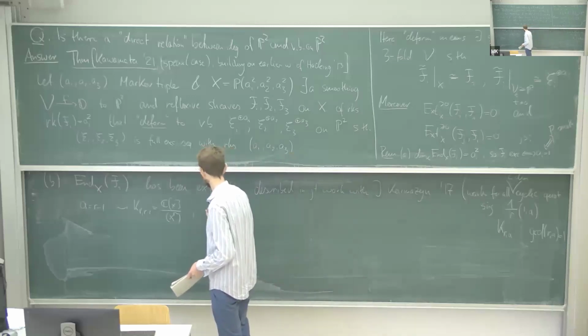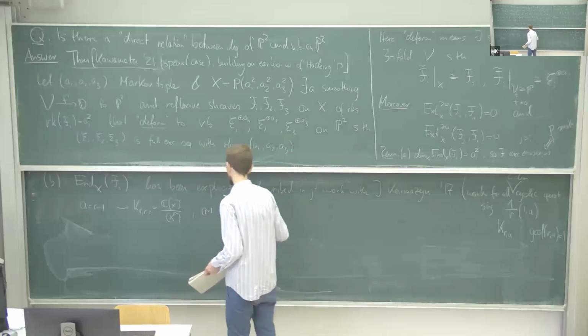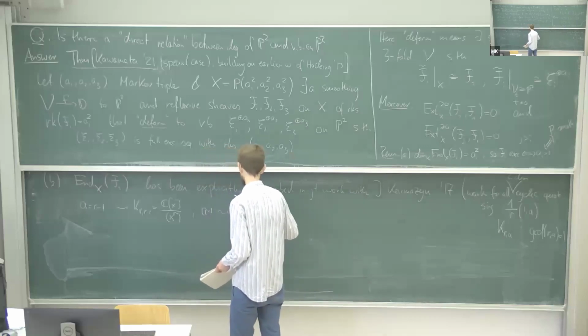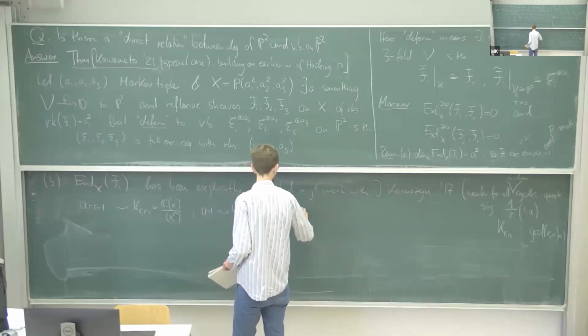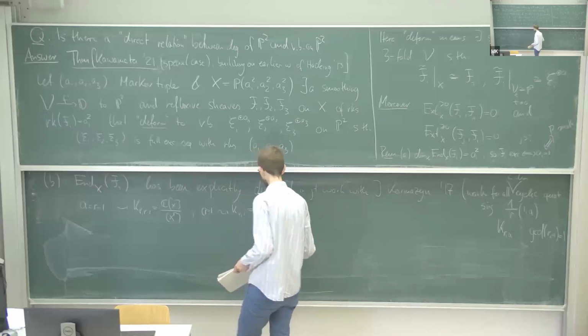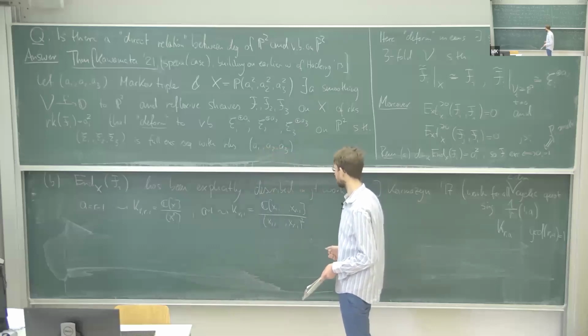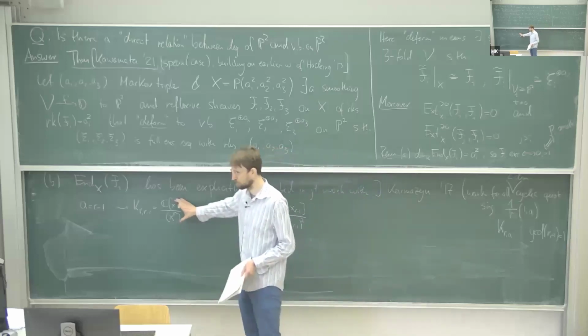The other extreme case is that a is equal to 1. Then we get K_{r,1}, also commutative, C[x_1, ..., x_{r-1}] modulo (x_1, ..., x_{r-1}) squared. So this is something like a fat point. And this is the Gorenstein case.